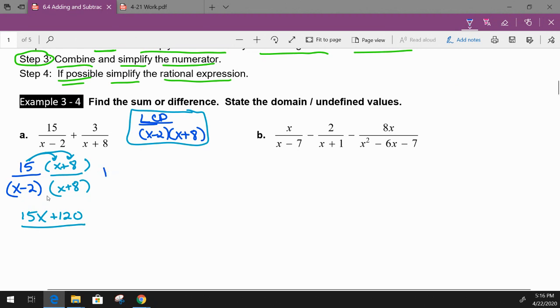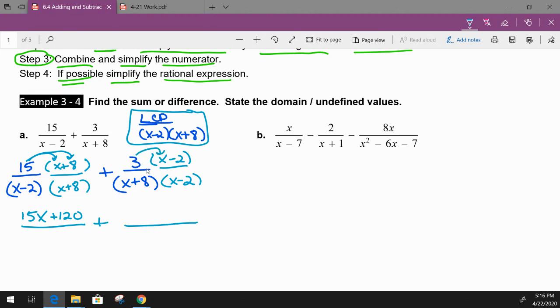All right, now let's look at the second fraction. The second fraction you have is 3 over x plus 8. So it already has a denominator of x plus 8. So it's missing the factor of x minus 2. So you do have to multiply both the numerator and denominator by x minus 2 so that you will get a common denominator. The 3 has to be distributed.